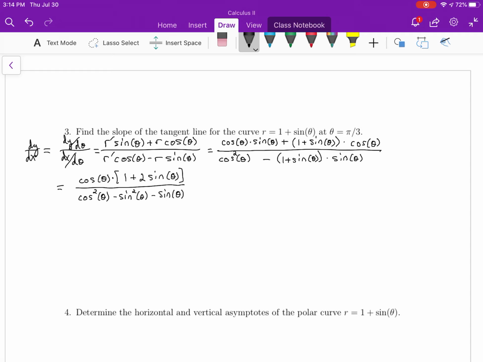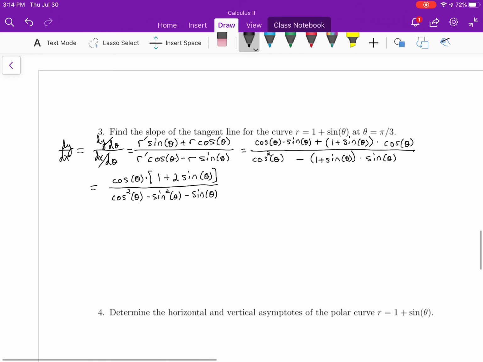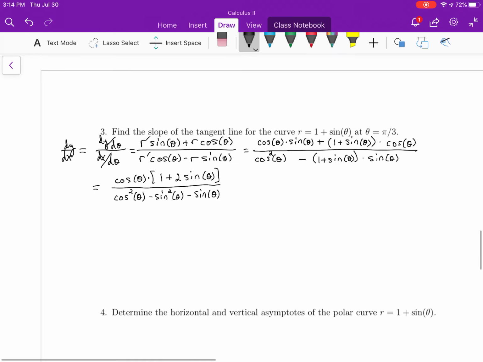All right, so what's left is to figure out how we might want to simplify this, and we can convert the cosine squared into a 1 minus sine squared, which might be advantageous. So let's go ahead and take a look at that.